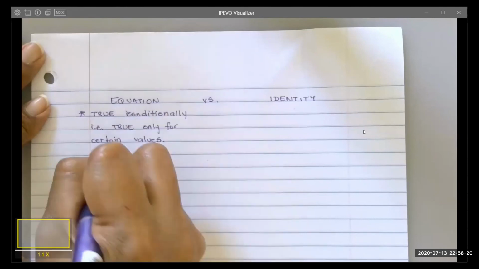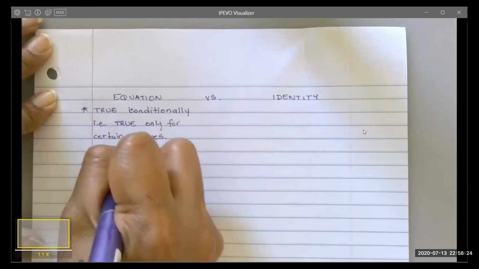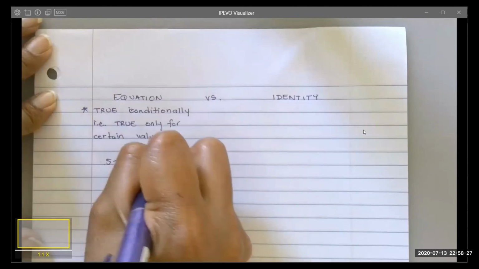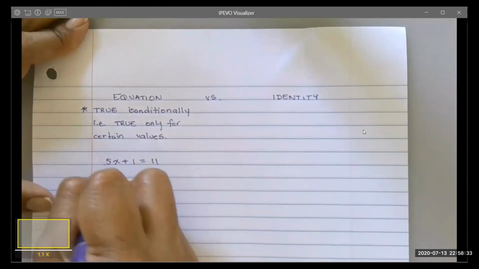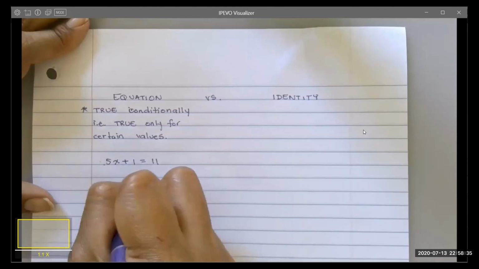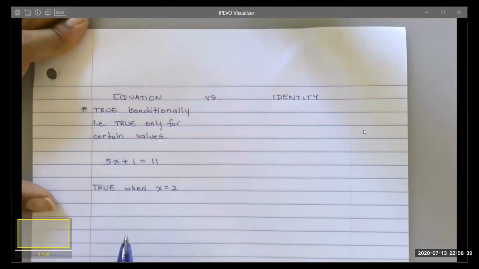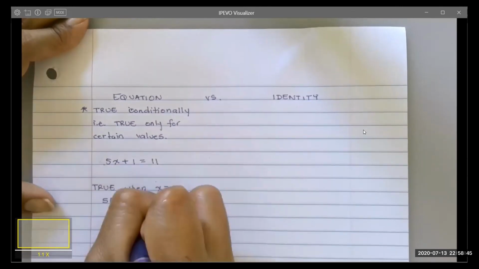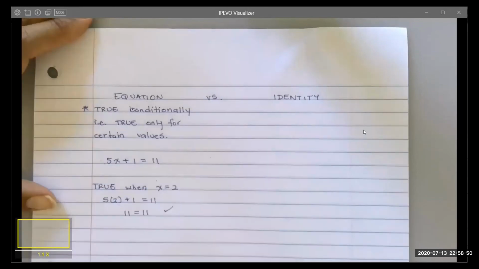Let's say that you have the equation 5x plus 1 is equal to 11. This is an equation because it is true conditionally when x is equal to 2. When x is equal to 2, we have 5 times 2, which is 10, plus 1, which is 11. So we'll have 11 equals 11, and that is equal.